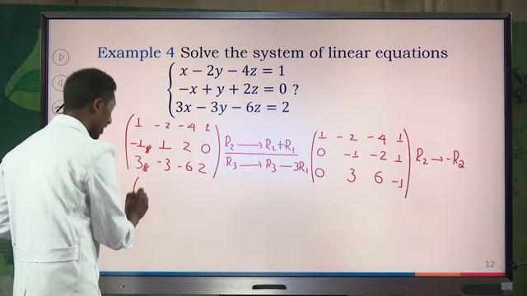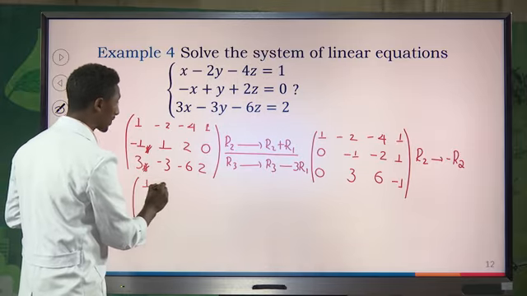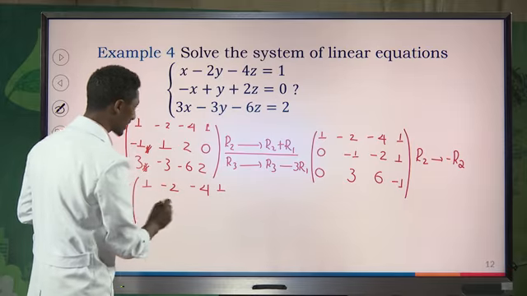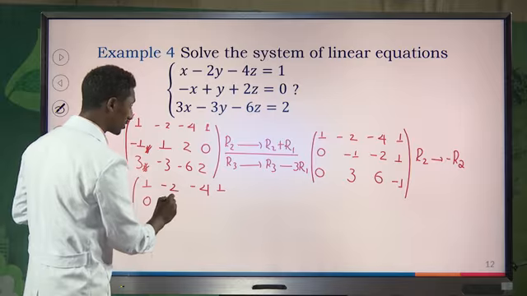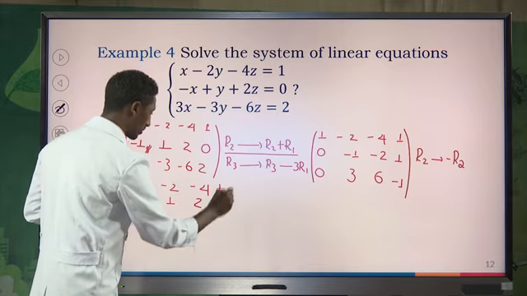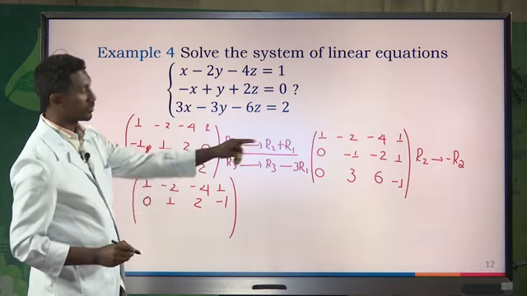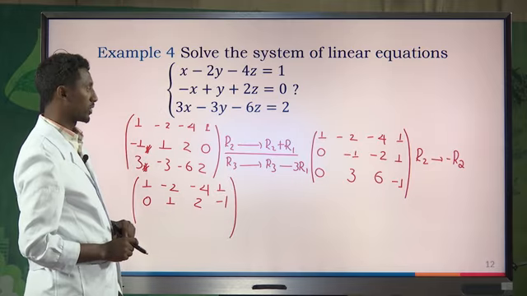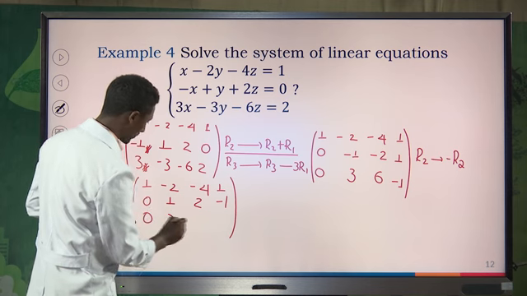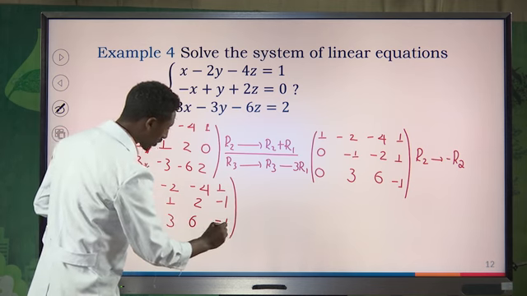So the first row, 1, minus 2, minus 4, 1. The second row, 0, 1, 2, minus 1, because we already rescaled by multiplying with minus 1. Then 0, 3, 6, and minus 1.